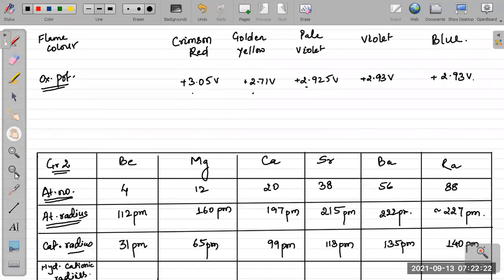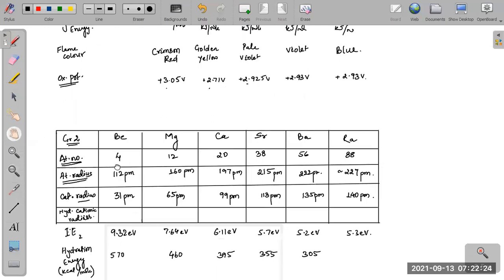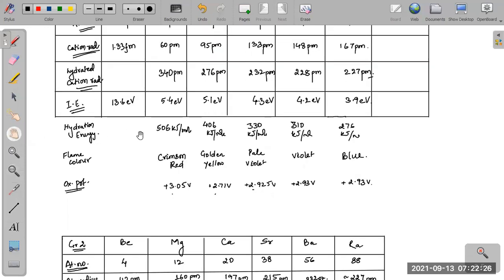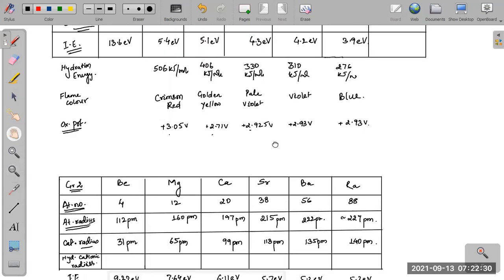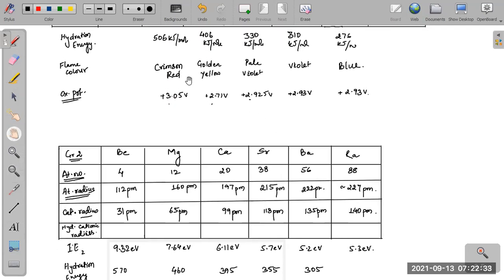So this shows that group 2 elements are more hydrated than group 1 elements. Okay? Group 2 elements all have respectively greater hydration energy.